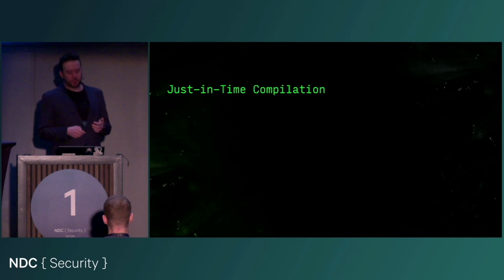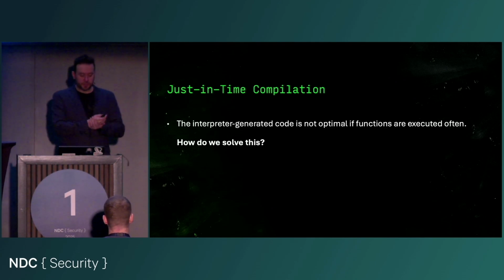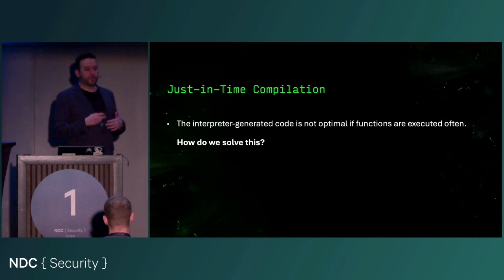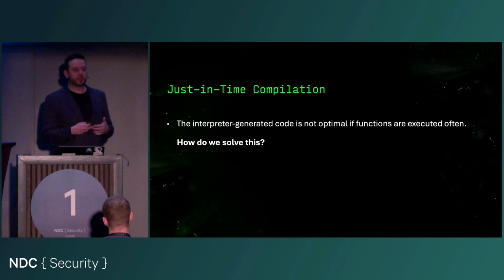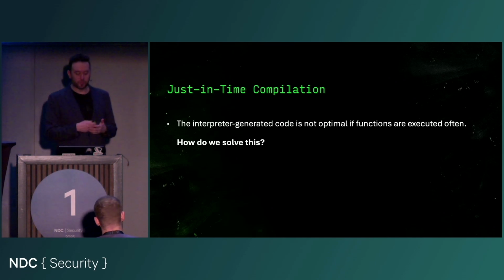So, just-in-time compilation. Again, the interpreter-generated code is not actually optimal, since it works inside a VM, so it requires an abstraction layer, and it's not optimal for functions that require more performance. But how do we solve this?